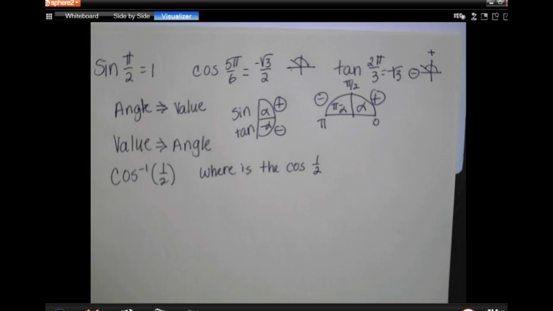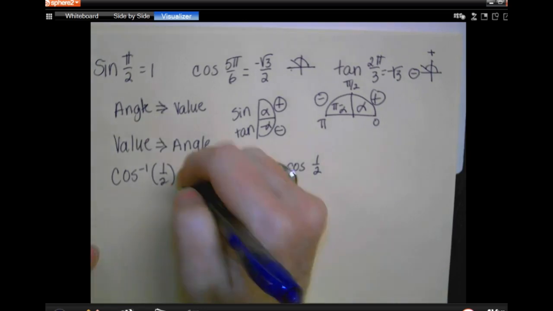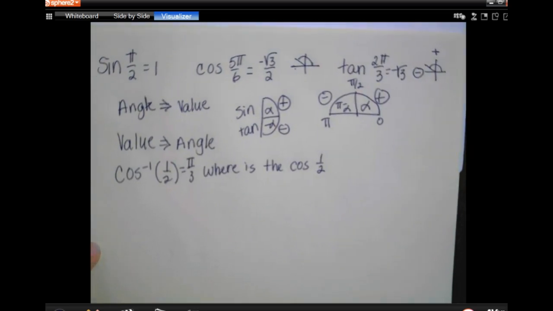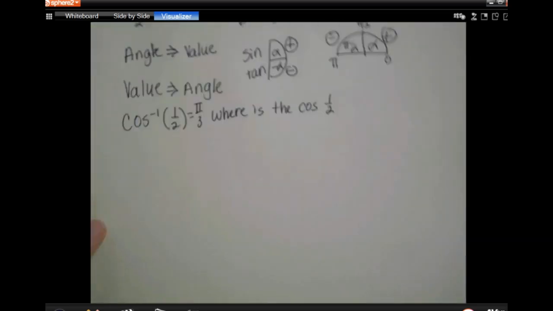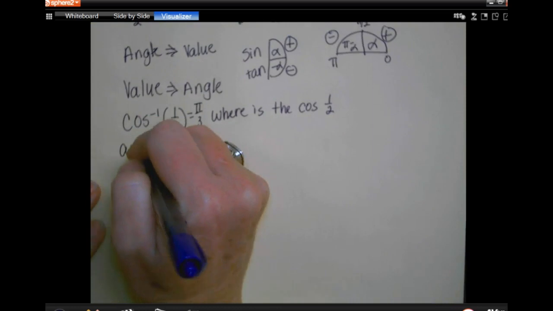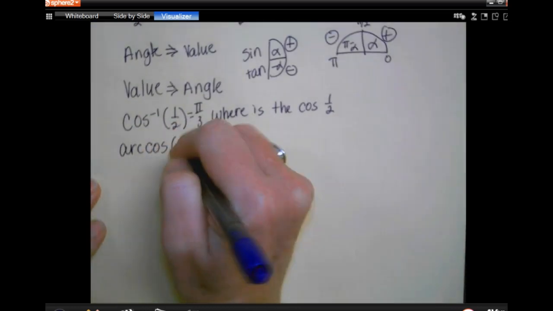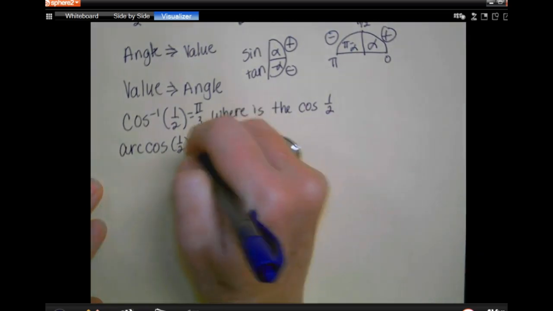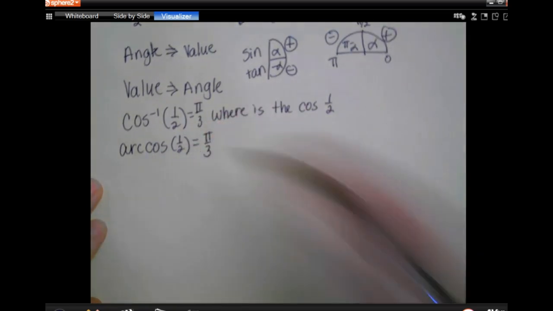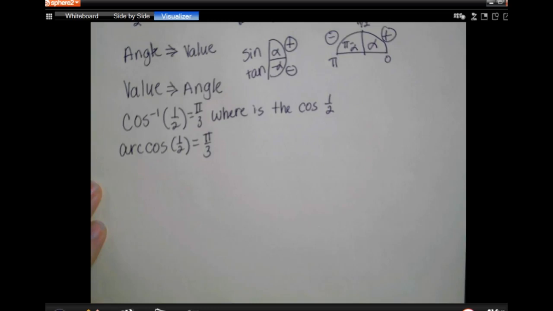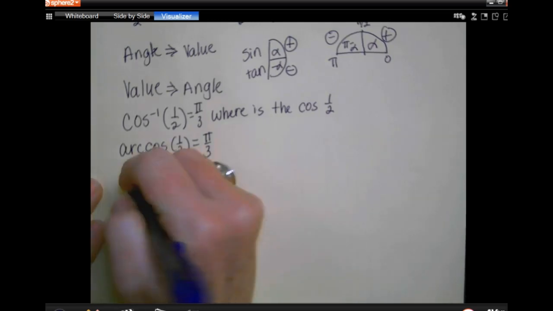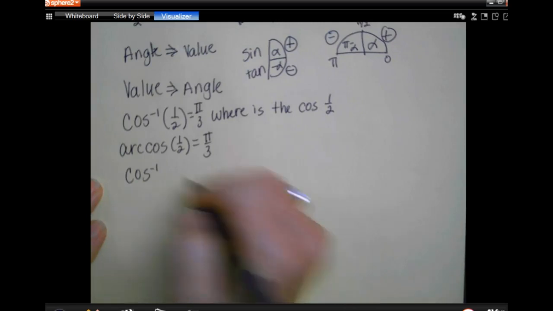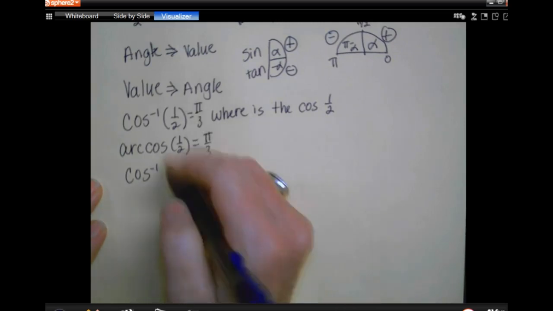So this is pi over 3. If I wrote this, where is the cosine 1/2? It's still pi over 3.